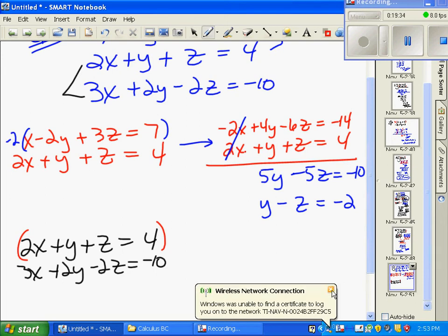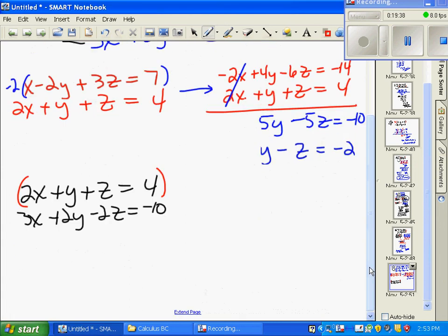I have to eliminate the x's in this system as well, as I did earlier. So I look at the 2x and the 3x, and I'm going to have to multiply both equations by a number. I'm going to multiply the top equation by negative 3, the bottom equation by 2, so therefore I'd get a negative 6x and a positive 6x, and those would cancel.